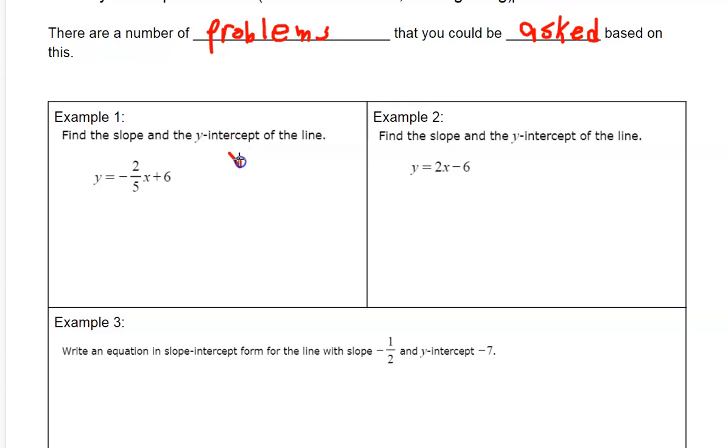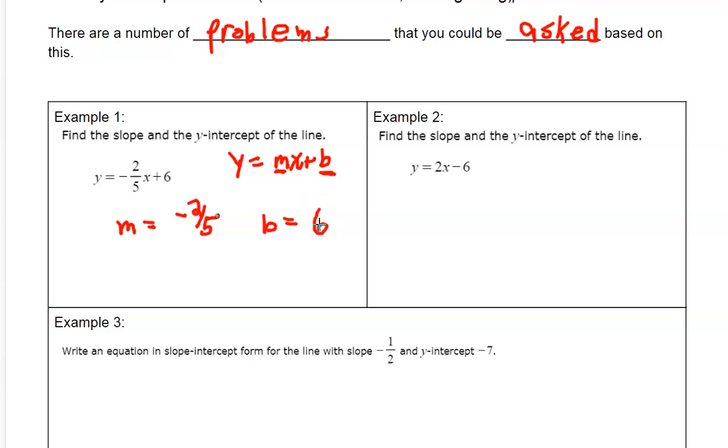Well, you know that y equals mx plus b. The slope is going to be m, and b is going to be the y-intercept. Well, in this case, the slope is simply -2/5, and the y-intercept is going to be +6.